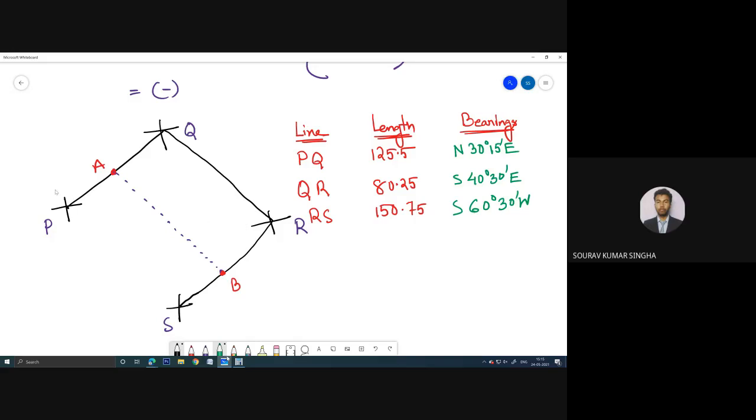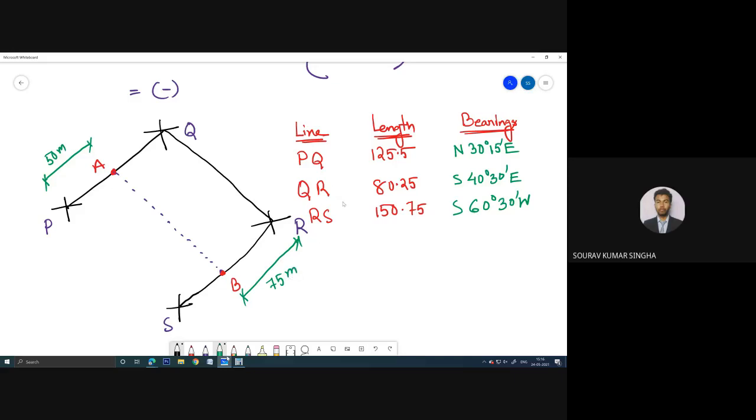And the distance between point A and point P is given, 50 meter. And the distance between B and R is also given, that is 75 meter.